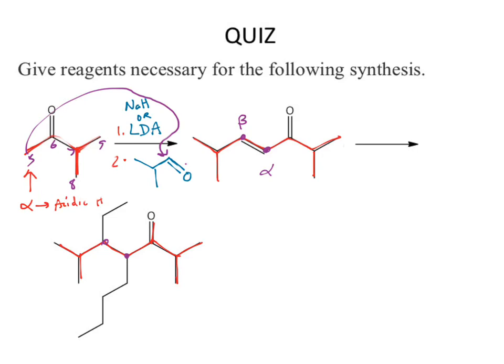Okay? Which means the first thing I'm going to try and get on there would be that position, or that ethyl group. So I need, in my step 3, a CH3CH2. Because my beta position is an electrophile, that CH3CH2 needs to be a nucleophile.